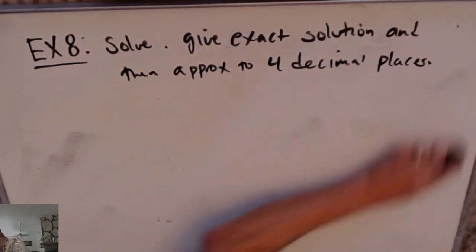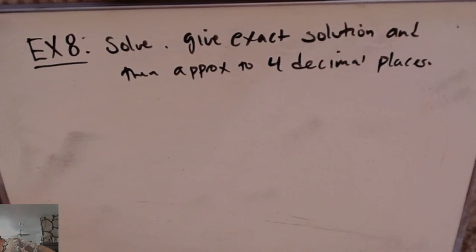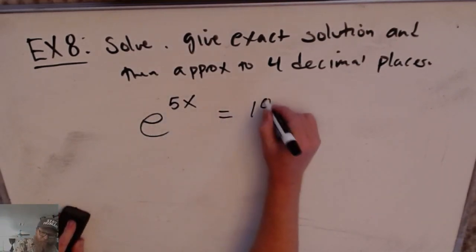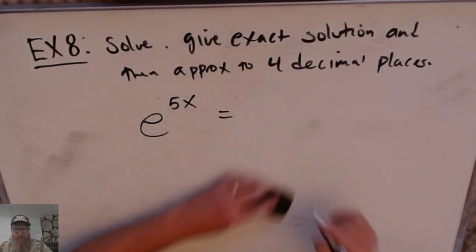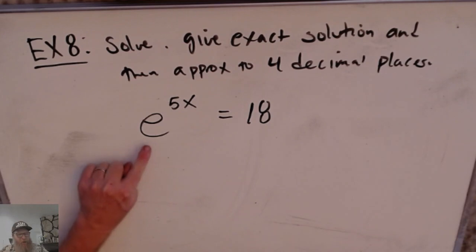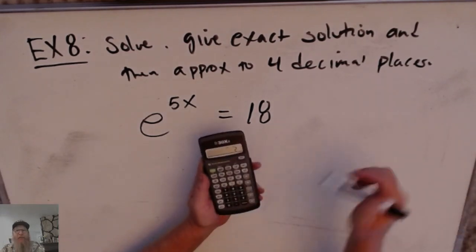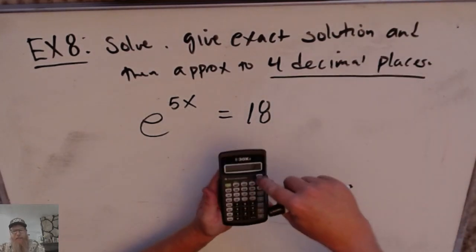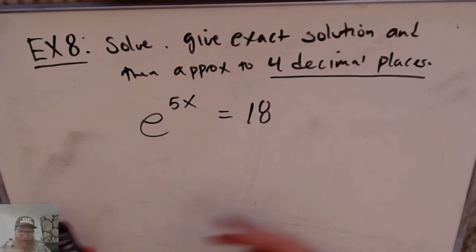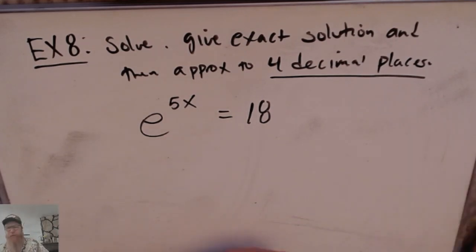If the problem already involves e, then you don't have to use a change of base formula because you already have a button that does your e or your ln. Yeah, this is a natural base, so you're not going to need to change it into something else.